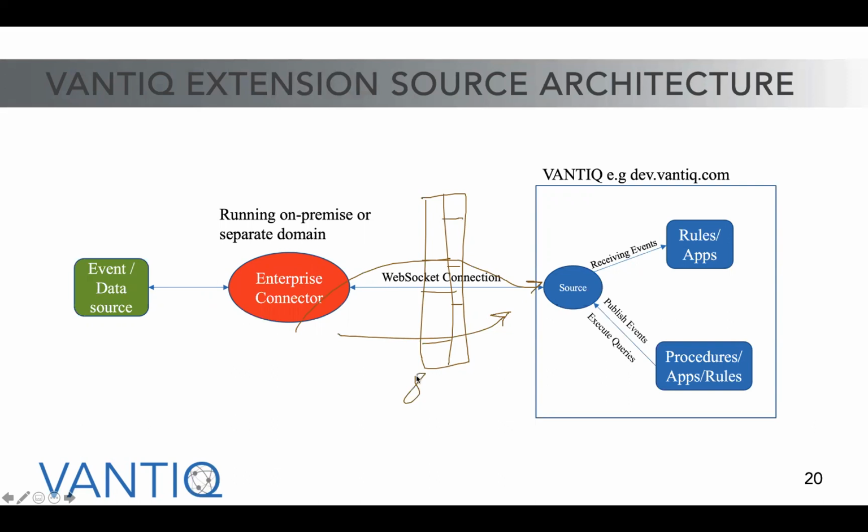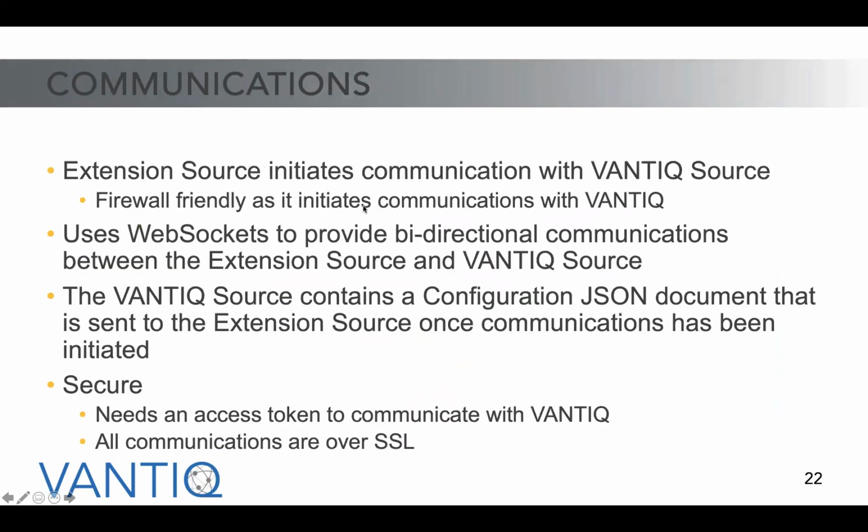Usually anything in port 80 or port 443 is usually allowed because you're communicating in a secure port from inbound to outbound. So usually it's permitted. So it's very firewall friendly, and allows you to send data back to Vantiq once the communication has been established.